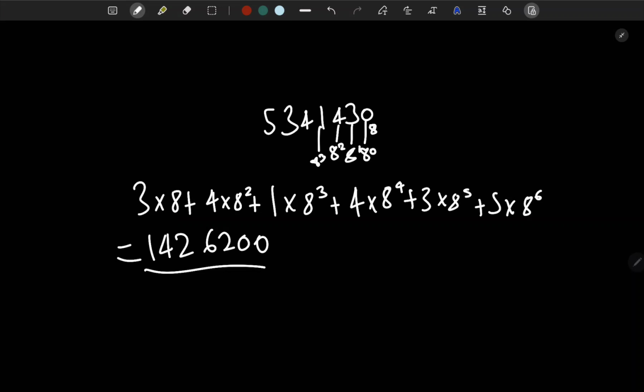And you just type your numbers now, 5341430, and click equals. And now all you need to do is click on the decimal button on the calculator, DEC, and there we go, we got the same exact answer on our calculator.